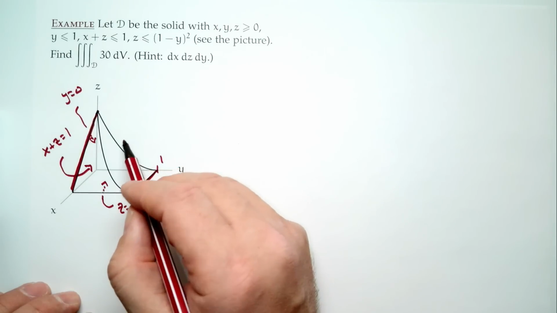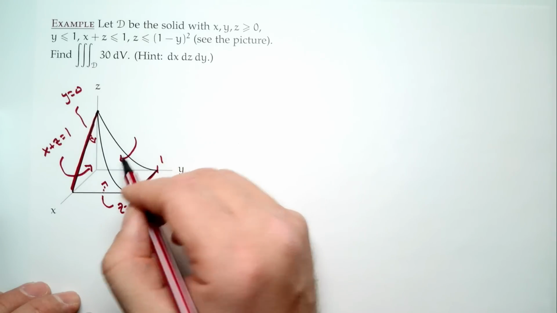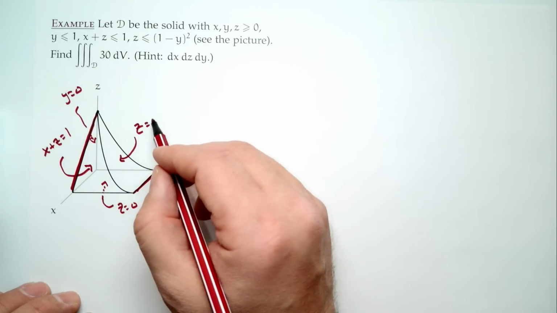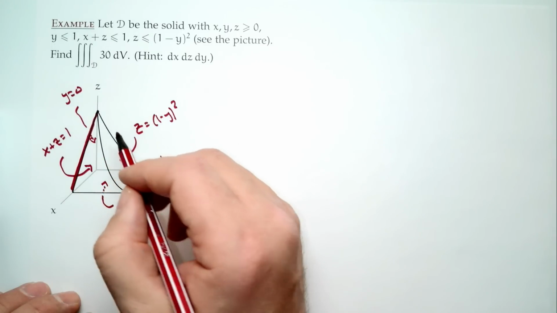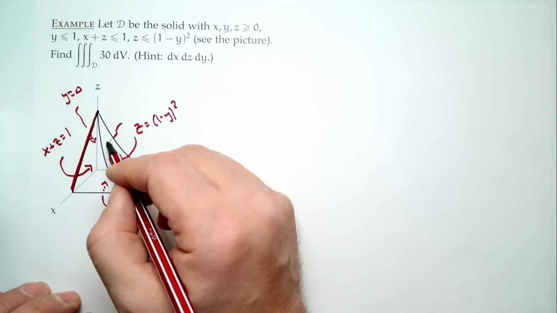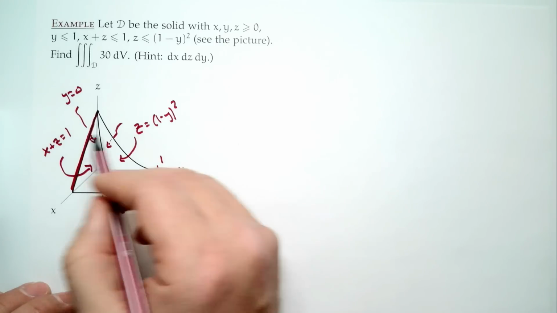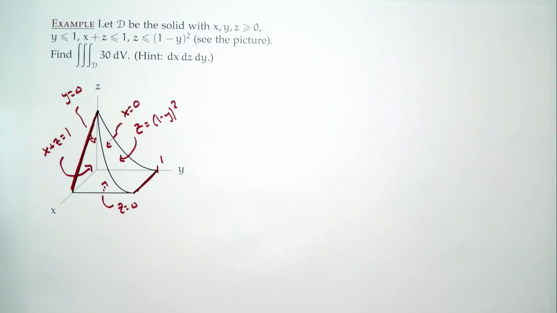So what you get is this sort of skateboard ramp shape. There's a bit of a slope to it. That's your z equals 1 minus y squared. And of course, there is another backside here, which is the yz plane. That's x equals 0. Okay, so there's our shape.